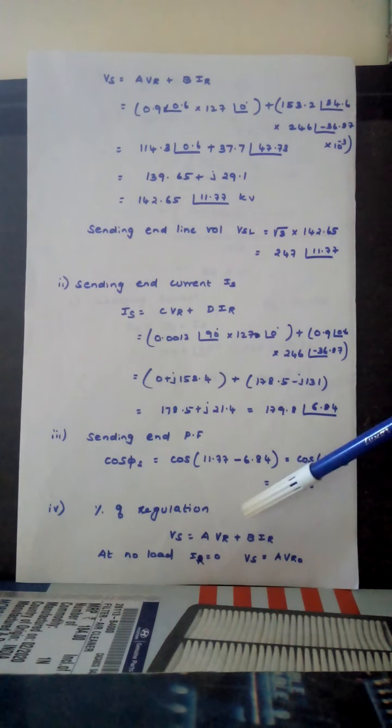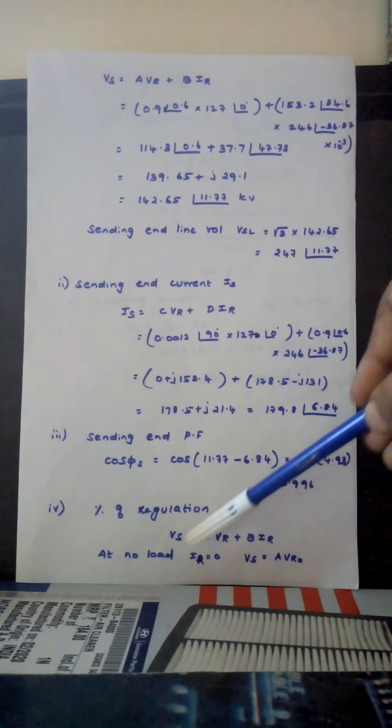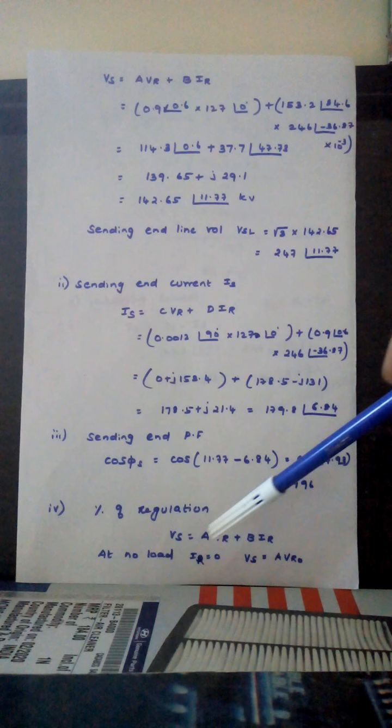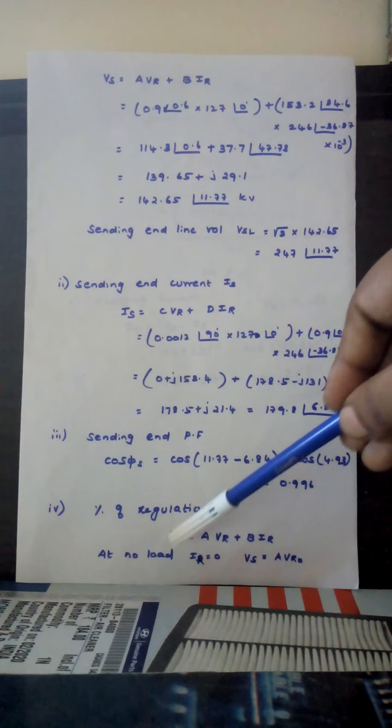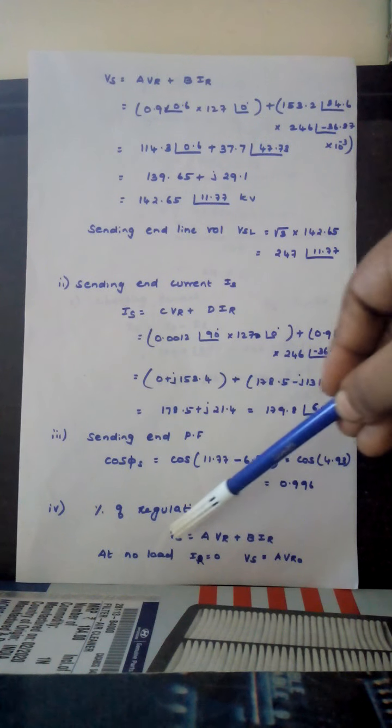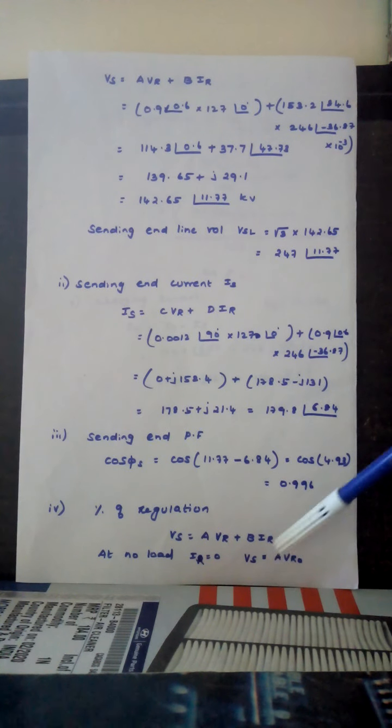Next one we have to find out the percentage of regulation. For that we are considering Vs equal to A into Vr plus B into IR. Here we have to find out at no load, so your IR will be 0, so this term will go. So Vs will be equal to A into Vr at no load.